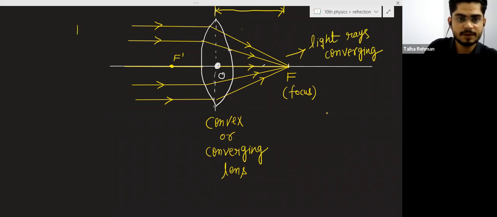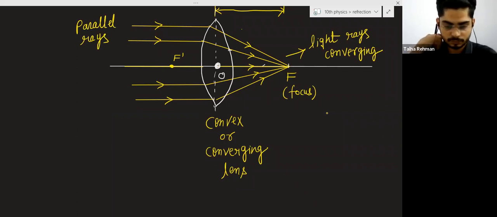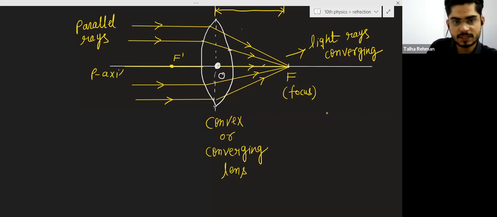And these are parallel rays. And this line is the principal axis. This O is the optical center. And this F dash is also focus.